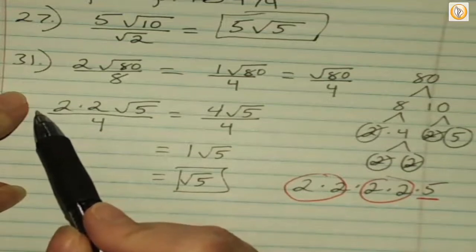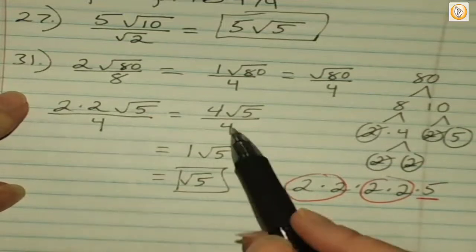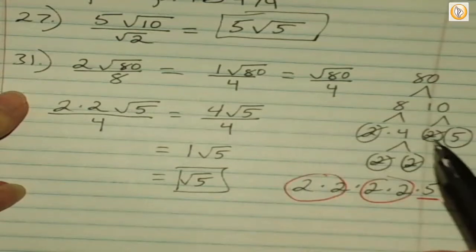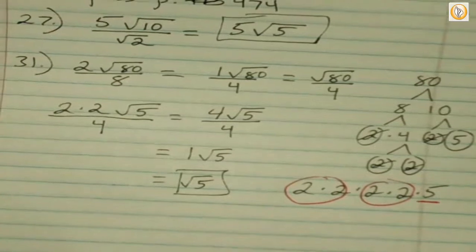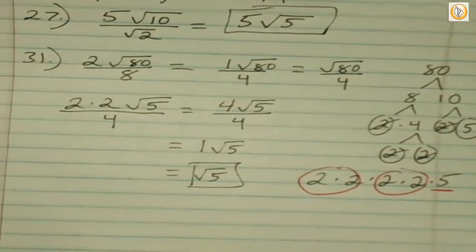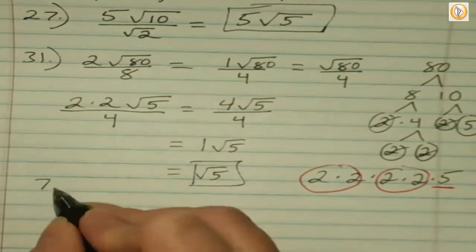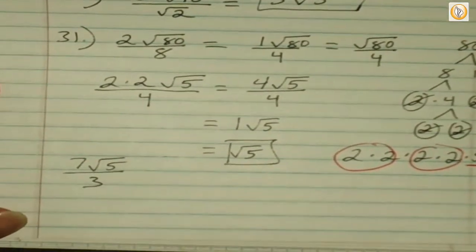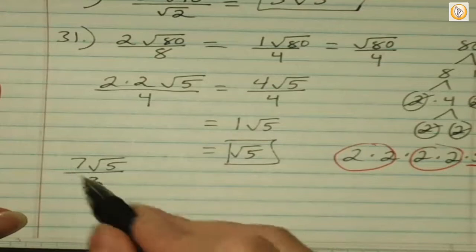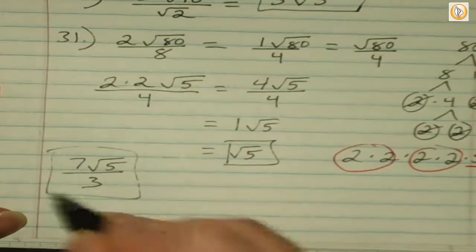And do your work. And if you can't divide it anymore, then you'd stop. You'd simplify it as far as you can, then you'd stop. For example, let's say it's this. If you end up here, oh look, I can't do anything with the 7 and 3, so that's my answer.